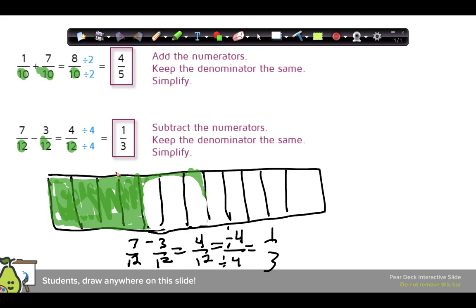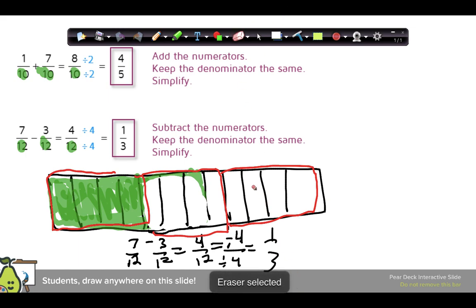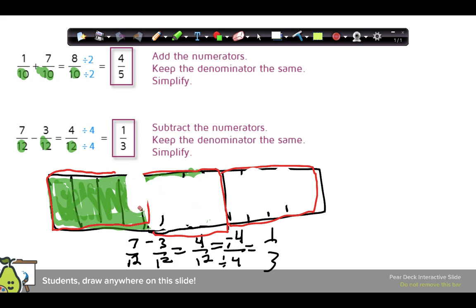We could put this into one group of 4 and make 2 more groups of 4. And really, let me get the eraser back out and just erase these division lines. There we go. Just erase those in the middle, erase those lines and then reshade it.